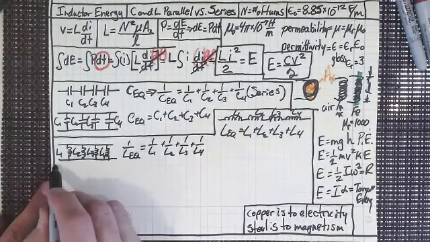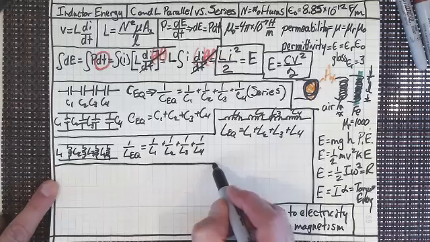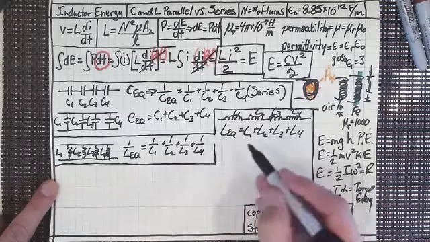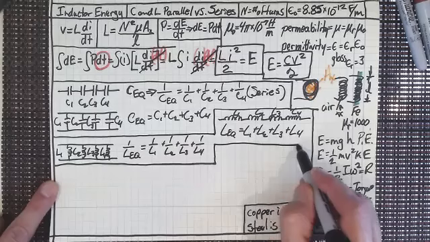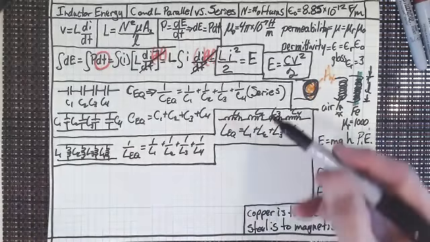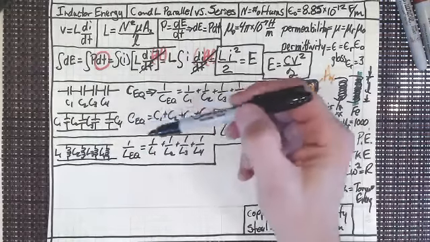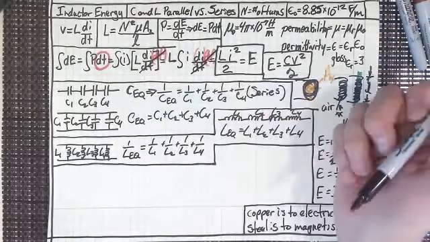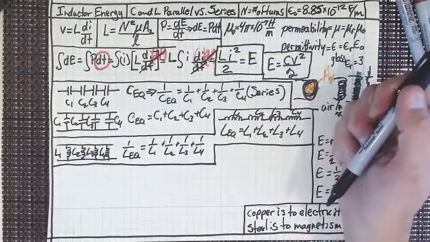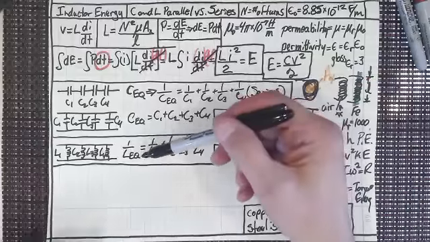All right. So inductors are much the same as resistors as far as adding in series and parallel. Capacitors are exactly the opposite to that. Like I say, that's about the easiest thing in this chapter.